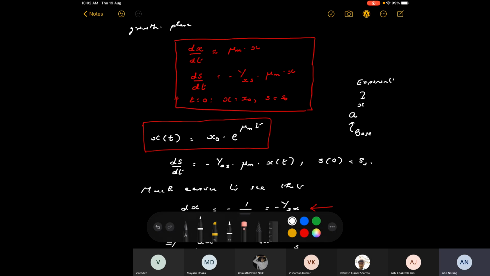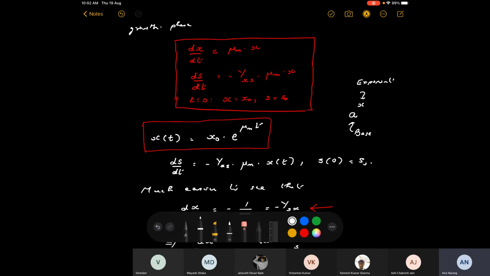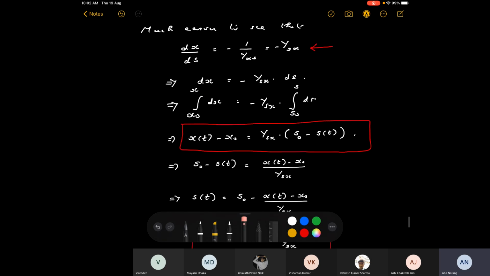So instead of writing this equation as x equal to x0 e to the power mu t, they want to write it as x0 multiplied by 2 to the power something. So the base is not e, but the base is 2. So we want to see what happens when you do that. That gives rise to the concept of what is called the doubling time.